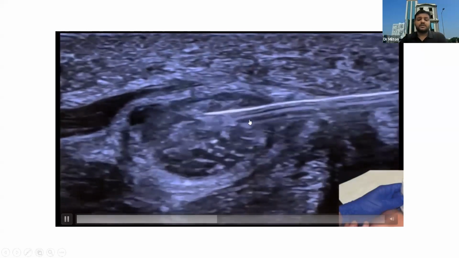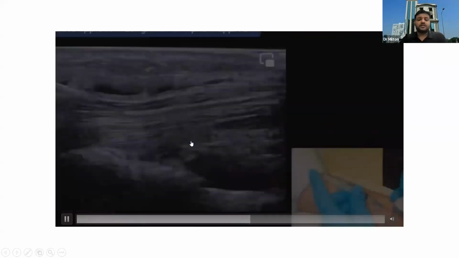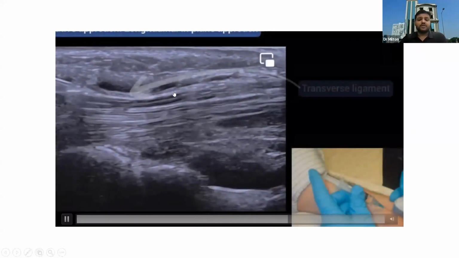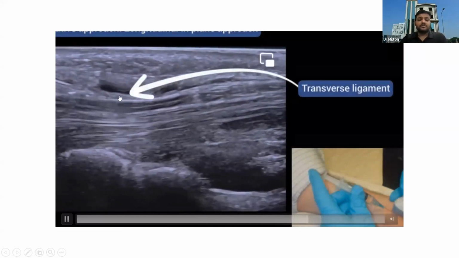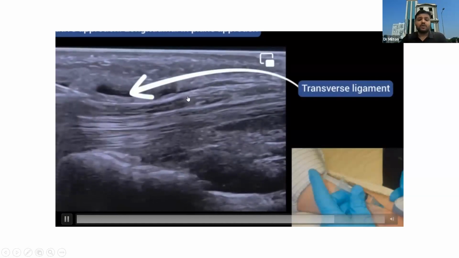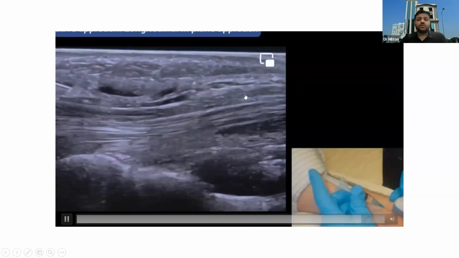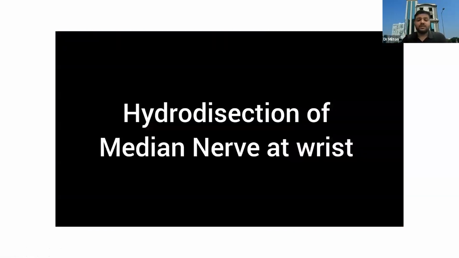You can see the median nerve from the outside. It is in the short axis, and you can also go for the long axis. This is the transverse ligament. Just under the transverse ligament and over the median nerve, you give your dextrose, so it just separates from the surrounding structure. You can see it very nicely separated from the structure.